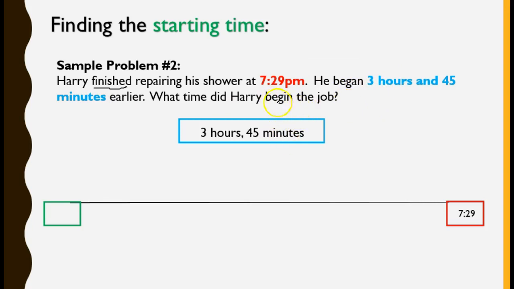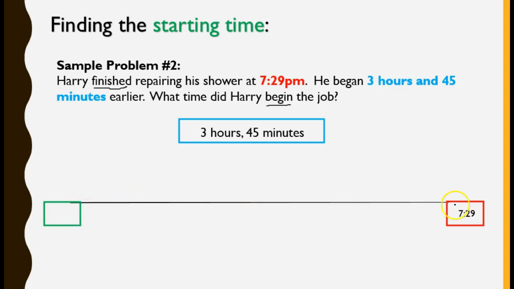And here it's asking, what time did Harry begin the job? So this is the part that we don't know. And so we're going to find this. In order to use our mountain strategy in this way, we're going to start at the end time and go backwards in time for 3 hours and 45 minutes until we get to the start time.